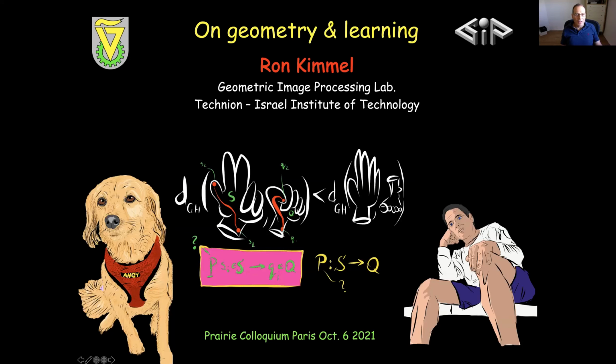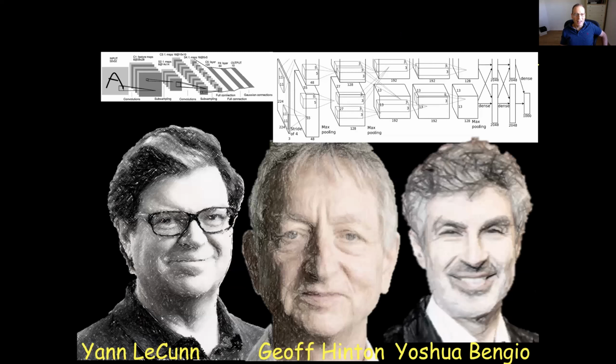Okay, so if we talk about neural networks or deep learning, the first thing that comes to mind is the convolutional neural network. So we have Yann LeCun, Geoff Hinton, and Yoshua Bengio, who for years said that neural networks are the way to tackle computer vision problems, be it GANs or ImageNet or ConvNet or AlexNet.